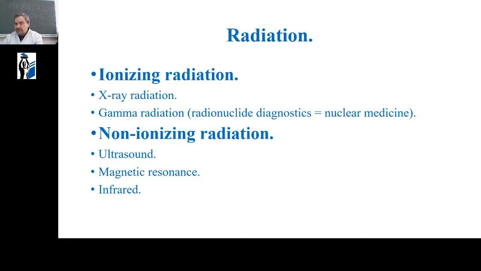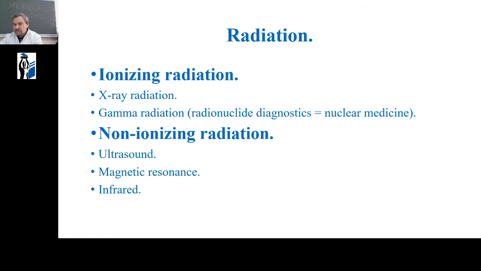Let's start with the classification by radiation. Images are divided into ionizing and non-ionizing. Ionizing research methods include X-ray radiation, X-ray methods, and gamma radiation, radionuclide diagnostics, or nuclear medicine.